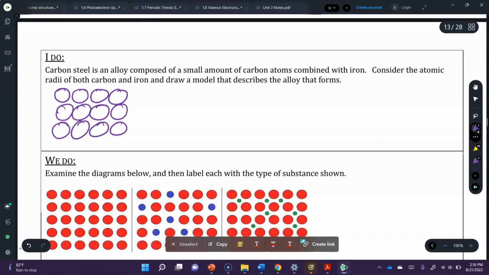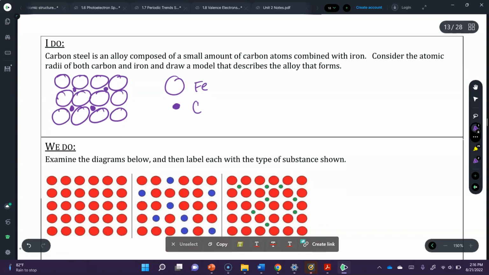And I lack artistic skill, so my carbon is just going to fit in the little pockets. So this would be iron, and this is carbon. Okay, and it doesn't have to be a ton, just enough to get the idea that sitting in the little nooks and crannies are some carbon atoms.